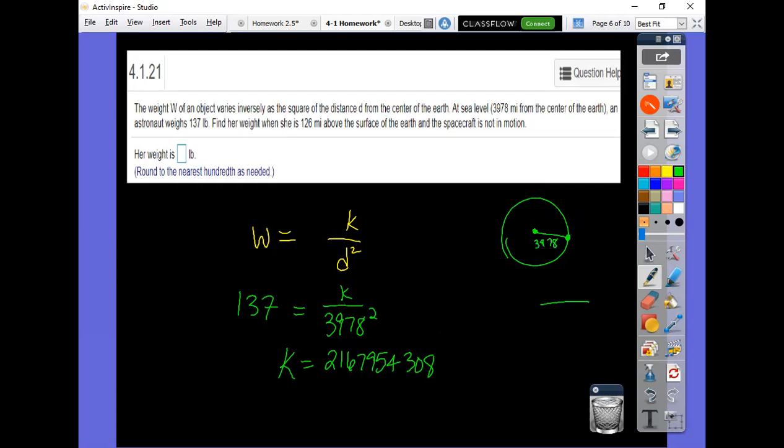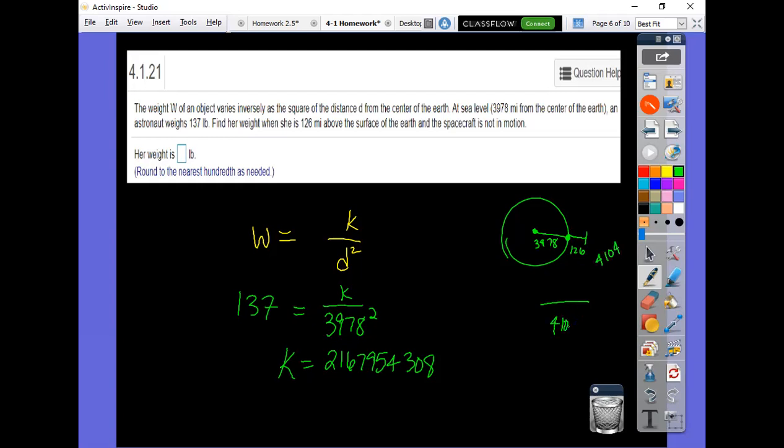And then they're saying there's still 126 miles above that. So therefore, my total distance out there at this point is the 3978 add on the 126. So that would be like 4104 total.